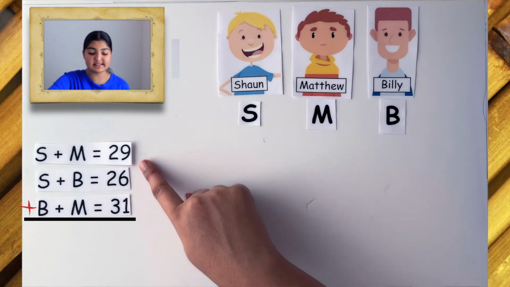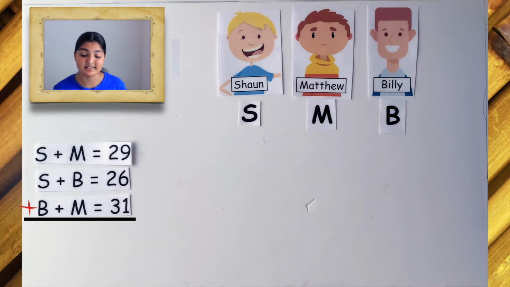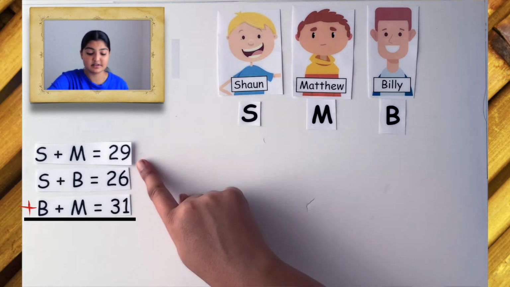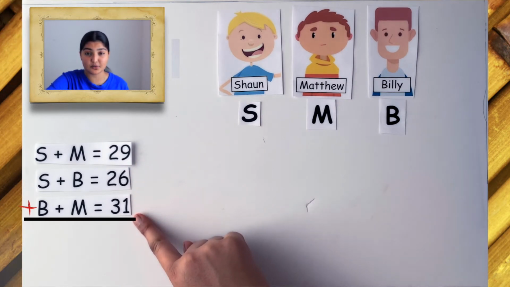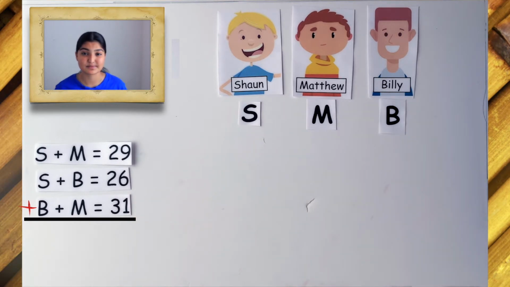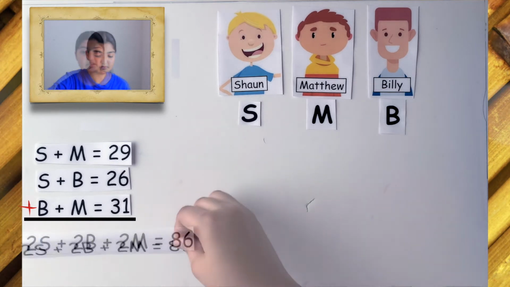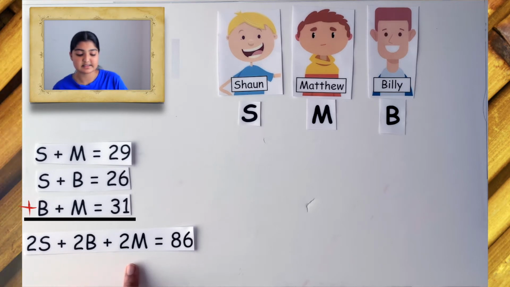And on the right side of the equation, we have to add 29 plus 26 plus 31, which is 86. This gives us the equation 2s plus 2b plus 2m is equal to 86.